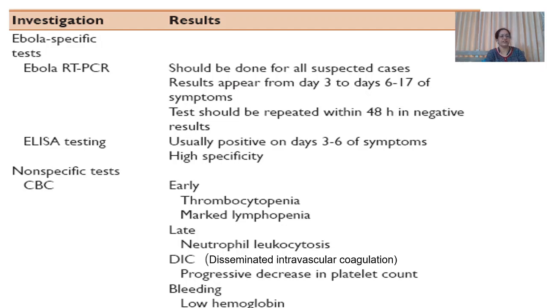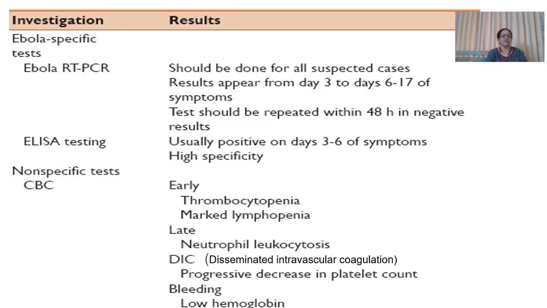Certain non-specific tests, that is complete blood cell count, can be carried out, as there is in the early stage thrombocytopenia as well as a marked lymphopenia. While in the late stage of the disease, there is a neutrophil leukocytosis.